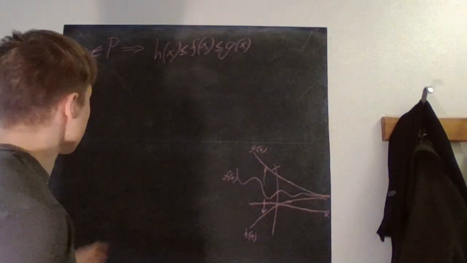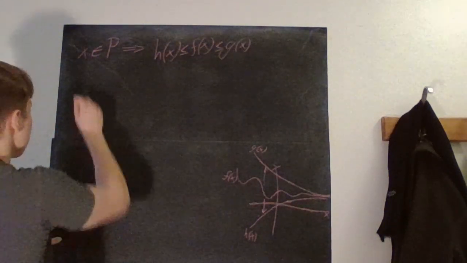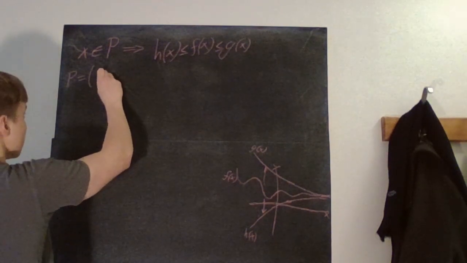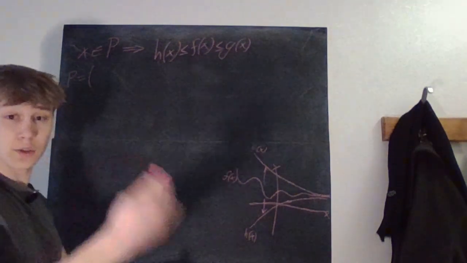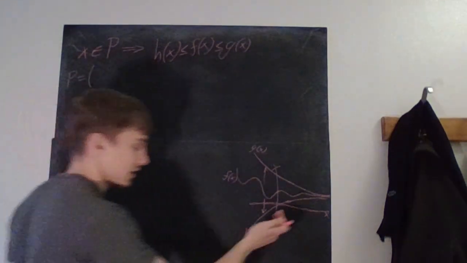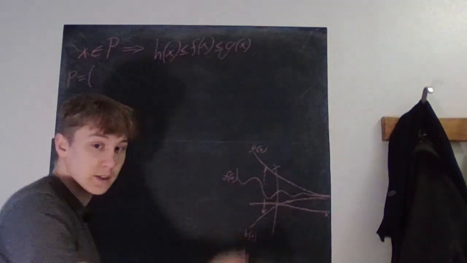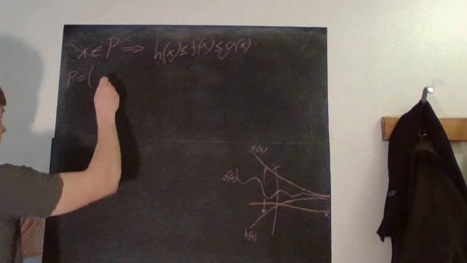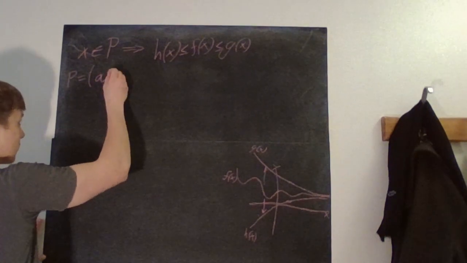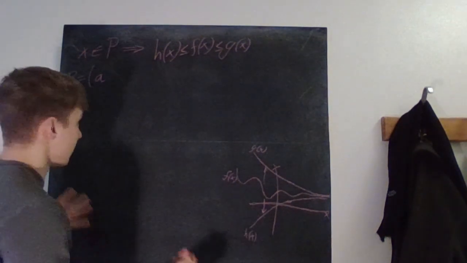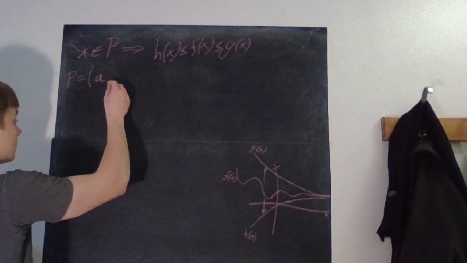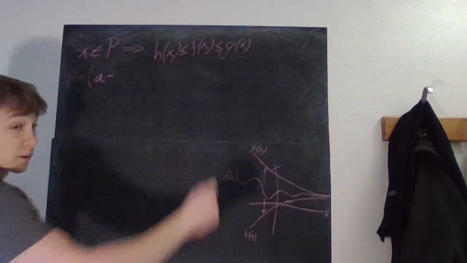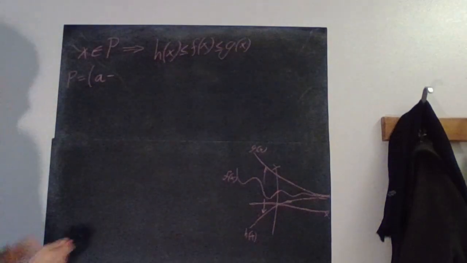Okay, so what is our neighborhood? Our neighborhood, P, is the open interval around our midpoint, which is the value that x actually tends to, because it doesn't have to be infinity, it can tend to any finite number. So we have the middle point, we call that a, which is just a number that x tends to, and then we want to subtract some positive interval.